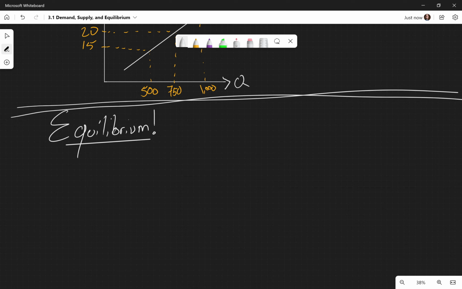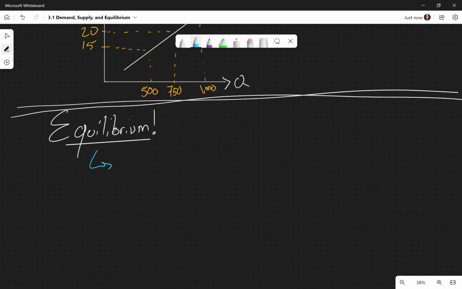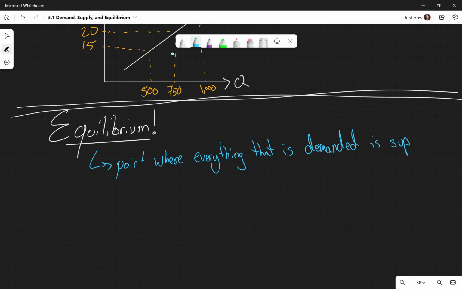So equilibrium is the combination, so it is the point where everything that is demanded is supplied.